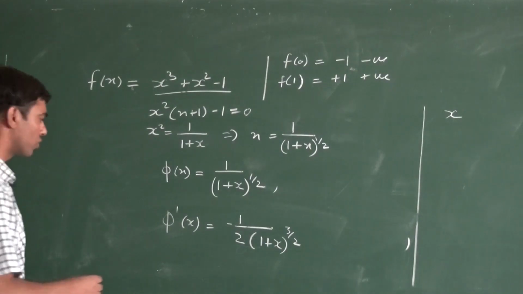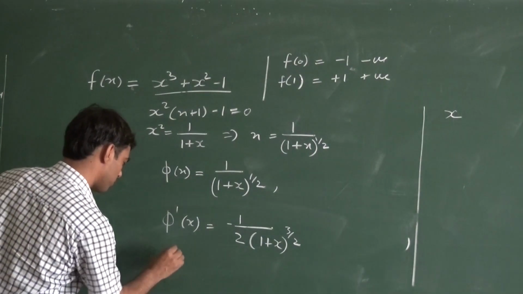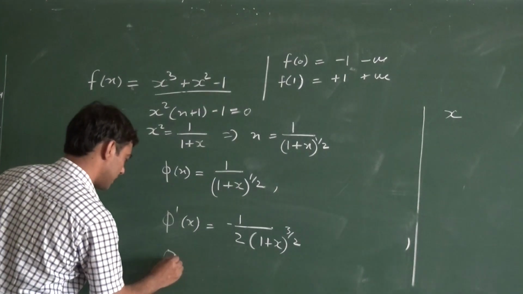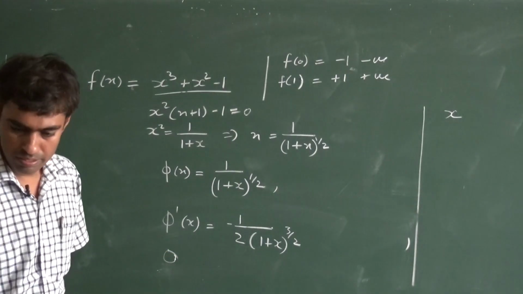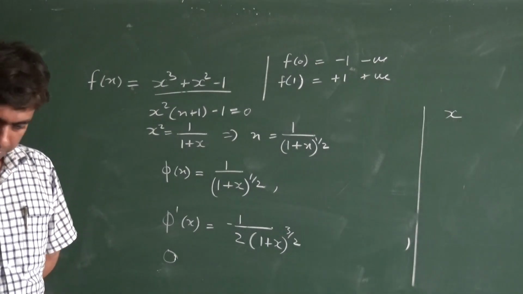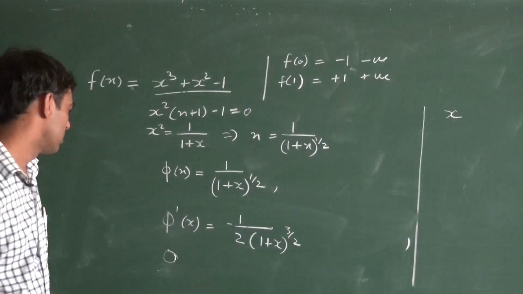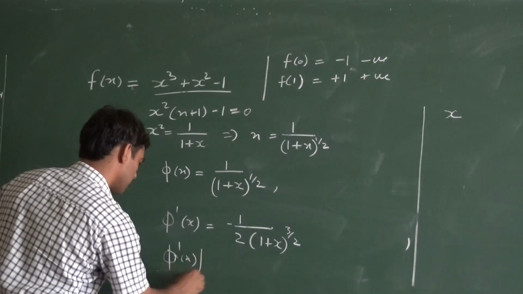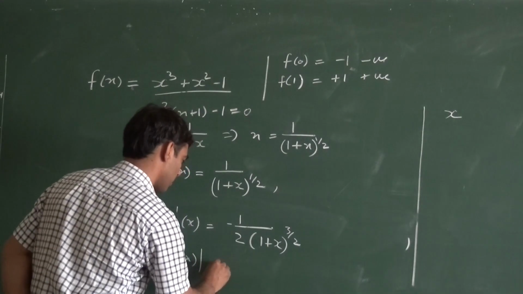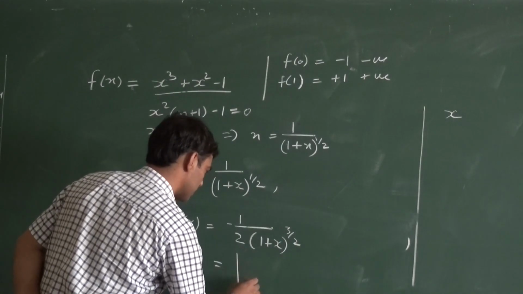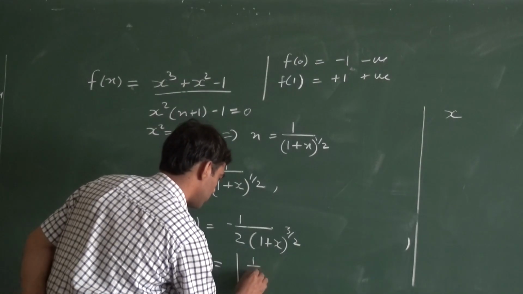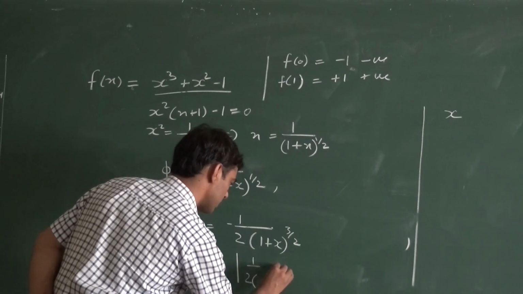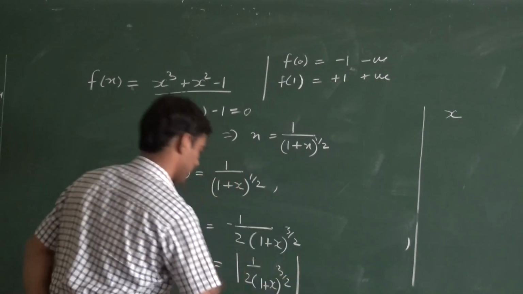Now what is the value of mod of phi dash x? Mod of phi dash x equals 1 by 2 times 1 upon 1 plus x to power 3 by 2.